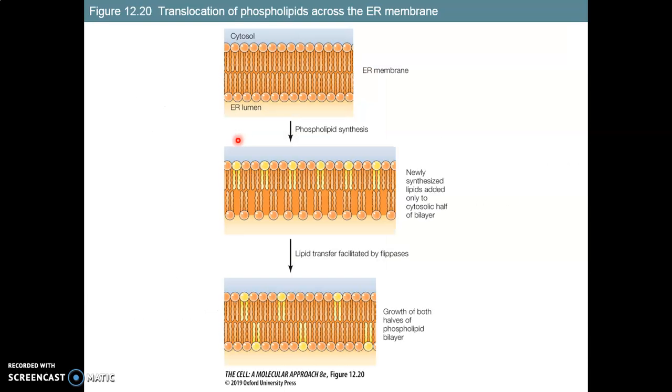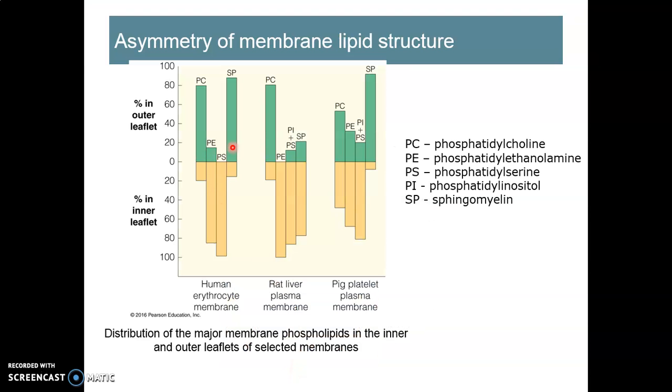This is accomplished because the flippases are actively selecting which phospholipid they are going to flip to the other surface. So they are moving specific ones to the other surface in order to make it the way it appears.